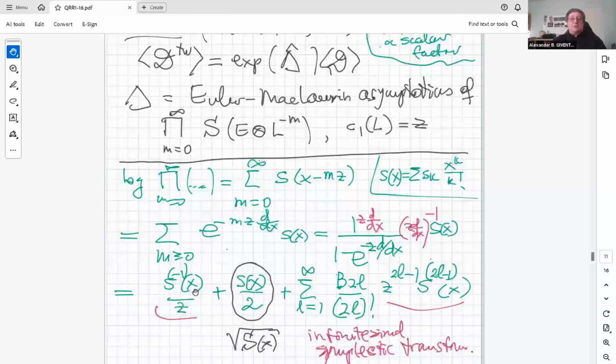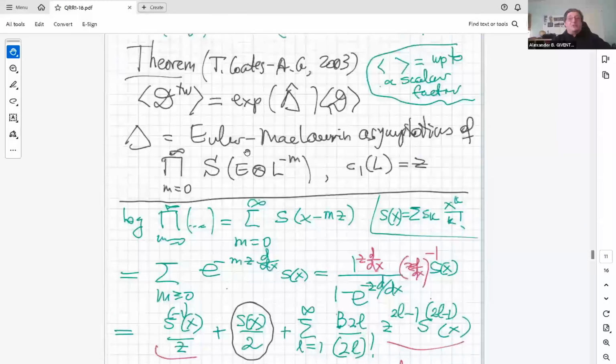So without that term it is symplectic, but this term transforms one symplectic structure into the correct one. Of course, you see that in this formulation, the Bernoulli numbers on the right arise from this Euler-Maclaurin asymptotic procedure.